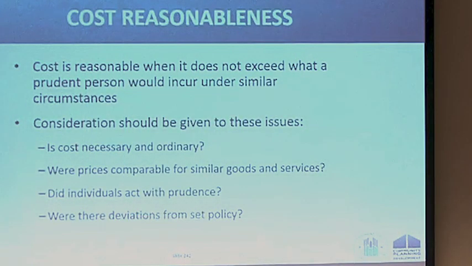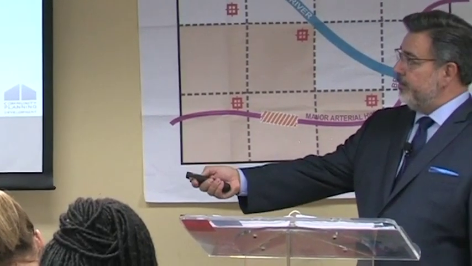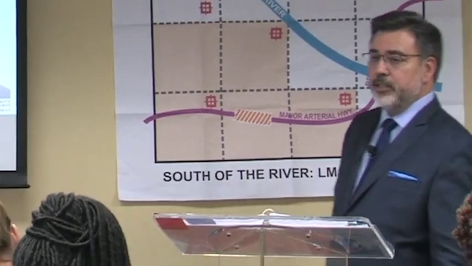Now, I'll use this one here that I just read off. How many of you are involved in working with Public Works when they bid out a project? How many of you do housing rehab? Don't you do your own internal cost estimate? And then you compare what the bids came in at with that? What are you doing? You're comparing them to what, similar goods and services.